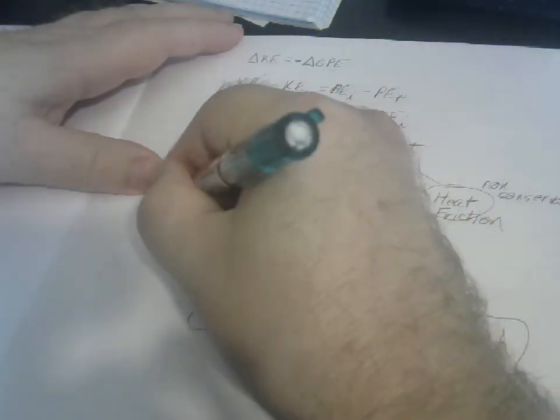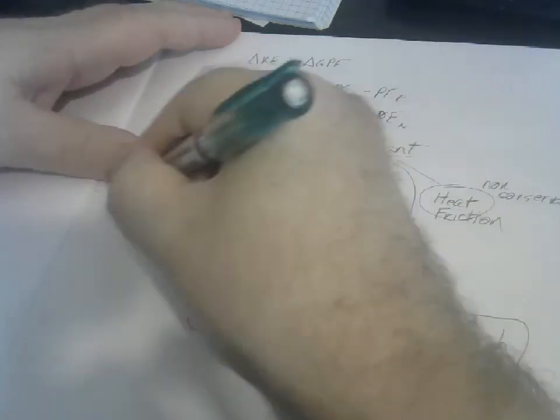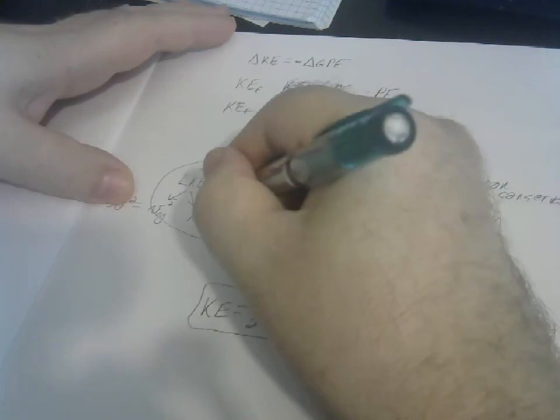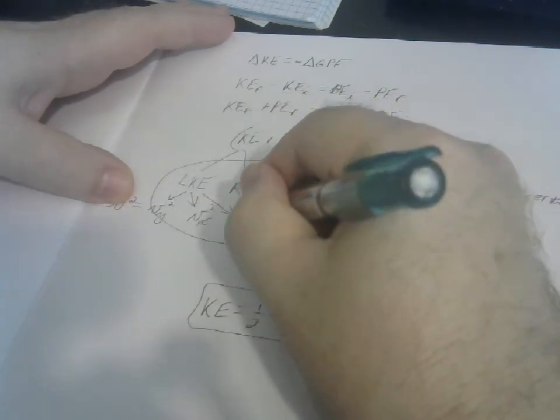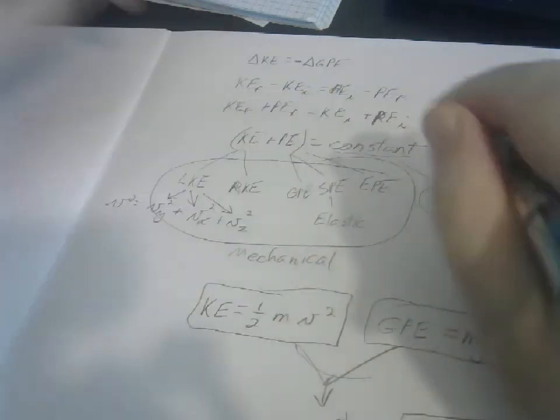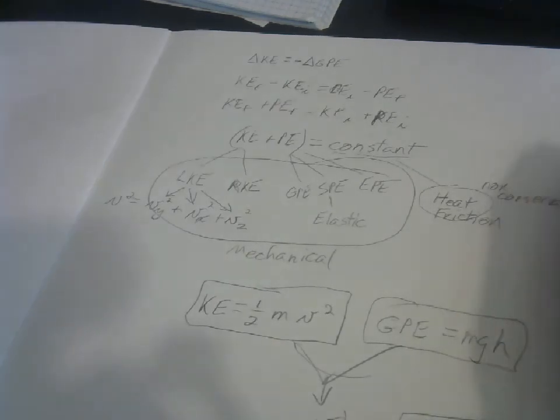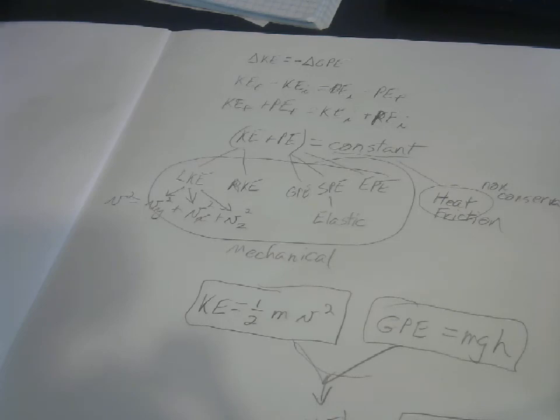And since v squared is v sub y squared plus v sub x squared plus v sub z squared, you can split those out without any loss of generality. Or actually, I guess you're gaining generality.